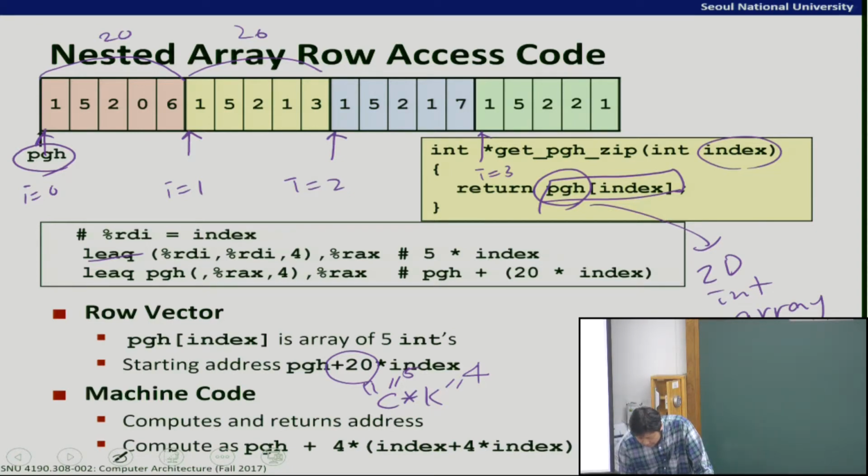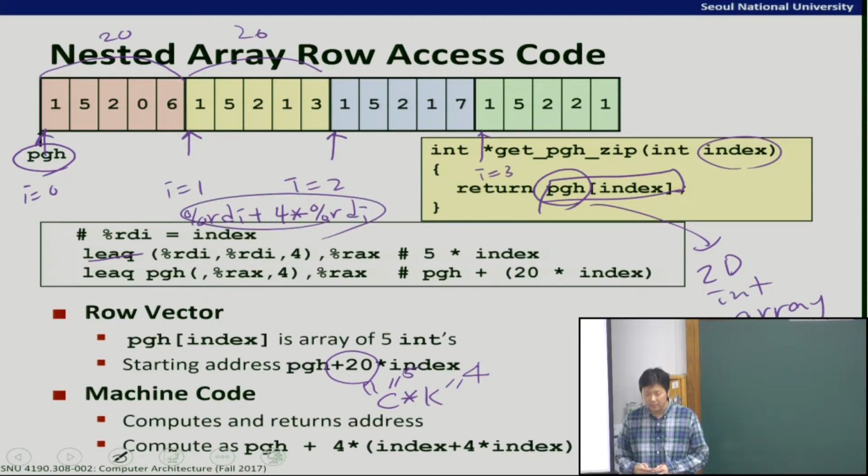What it computes is %rdi plus 4 times %rdi, right? So if you add them up, this will be 5 times RDI. And then in the second instruction, you add this value and scale it by 4. If you scale it by 4, this will be 20 times RDI, where RDI is the index, right?